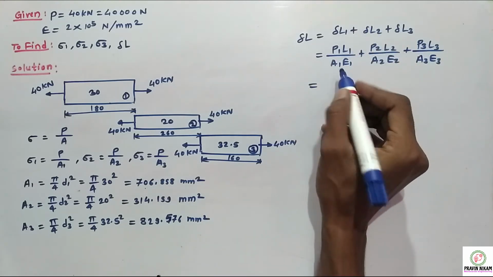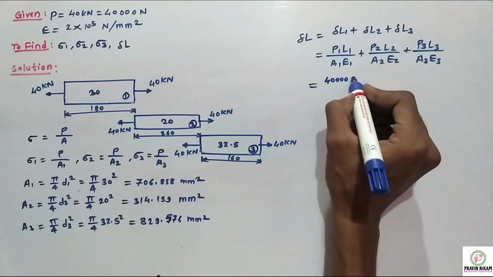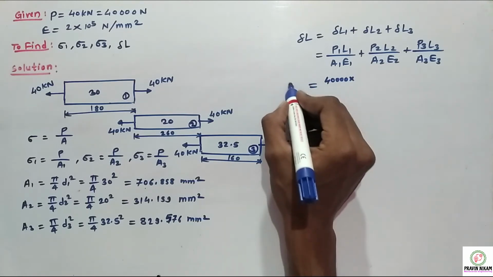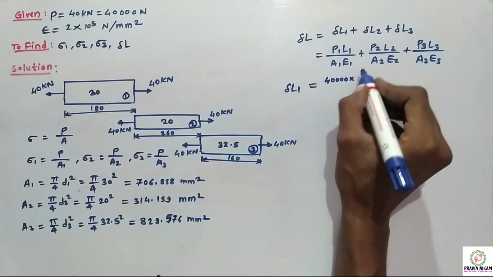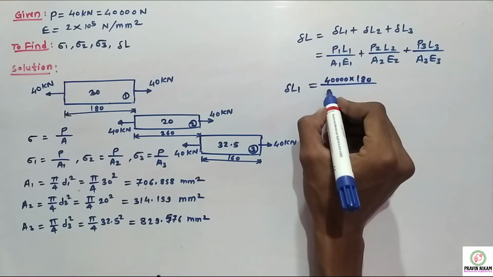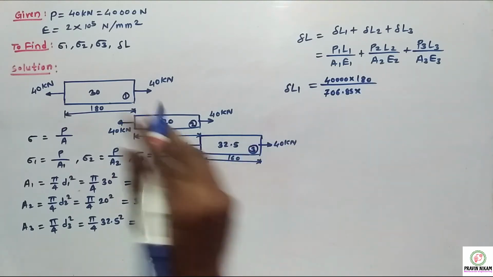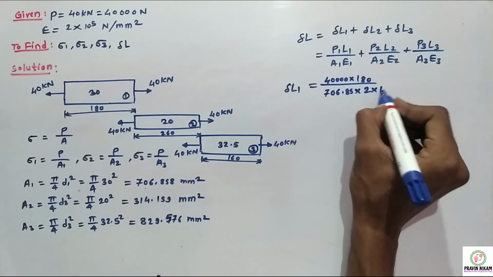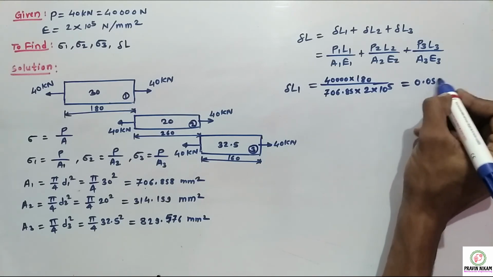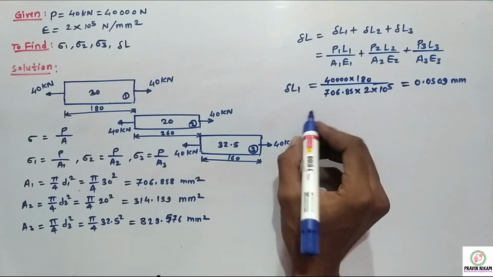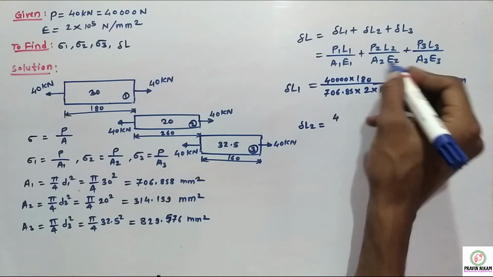So put the values. First find out delta L1. So 40,000 into L1 is 180 divided by A1 706.85 into E1 is 2 into 10 raised to 5. So this becomes 0.0509 mm. Then delta L2 is equal to P2 L2 divided by A2 E2.